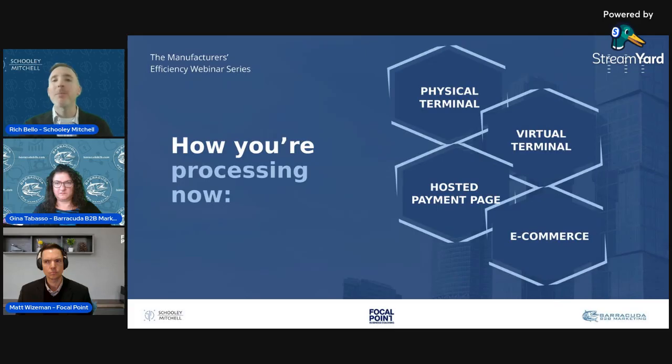The hosted payment page, that basically means that you have a website outside of your own company's site that clients get directed to when they're browsing your inventory and they want to make a purchase. They get directed to a hosted payment page where they actually enter their payment information and check out that way.